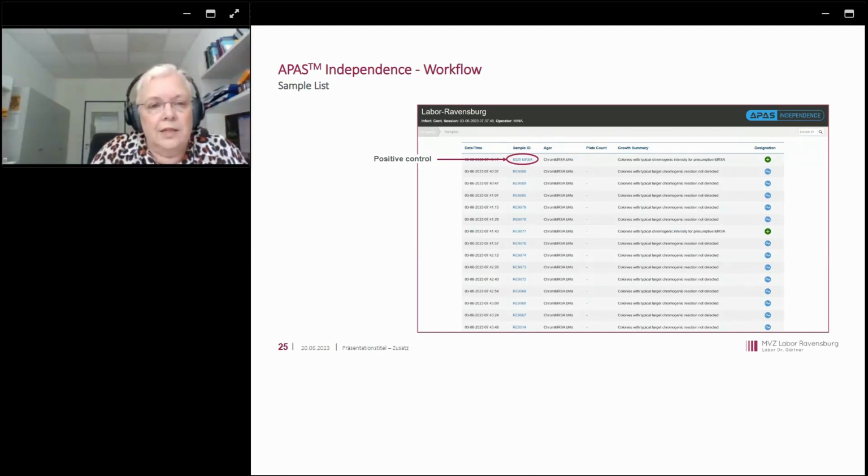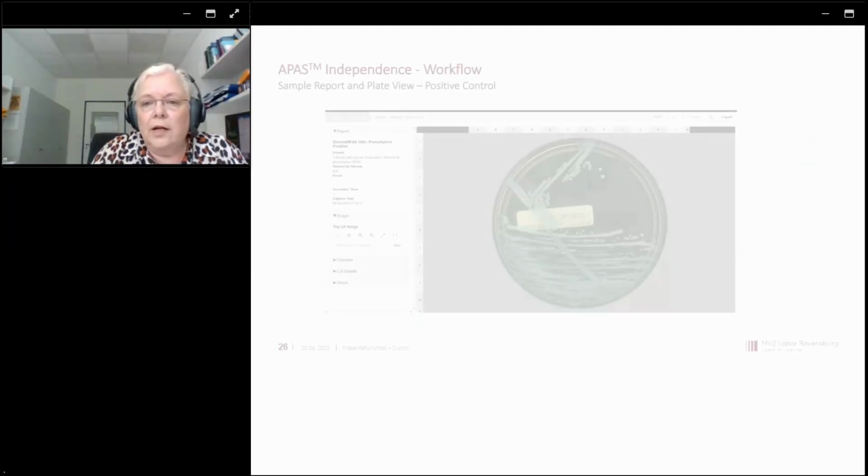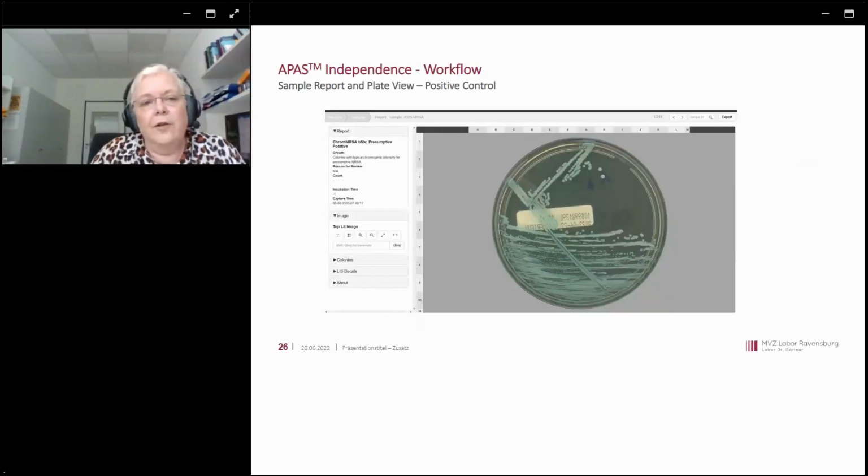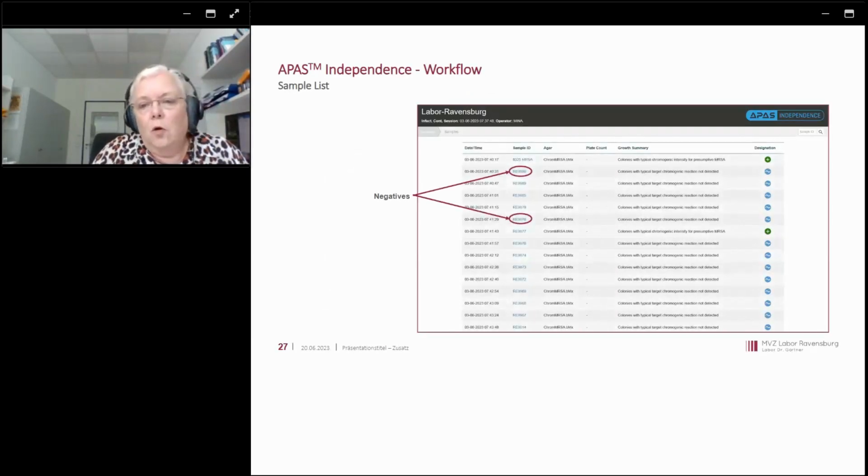If you want to see it and control it, you can click on the number, and then the image of the plate will be displayed. And you see here it's really greenish colonies, green colonies. So the positive control was correct. You can also look at the negative plates to see whether they are correctly negative.